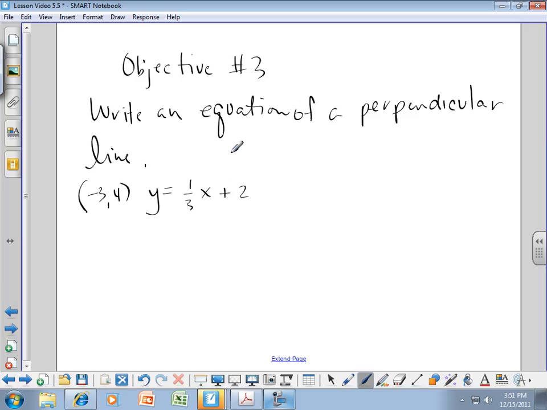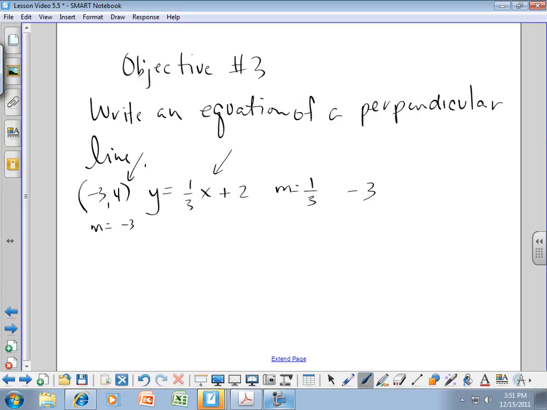Okay? We want it to be perpendicular to this line and go through this point. Well, what is the slope of this line? Isn't it 1/3? Okay. Well, then what's the slope of a line perpendicular to this one? Flip it and make it its opposite. So we're going to use a slope of negative 3.